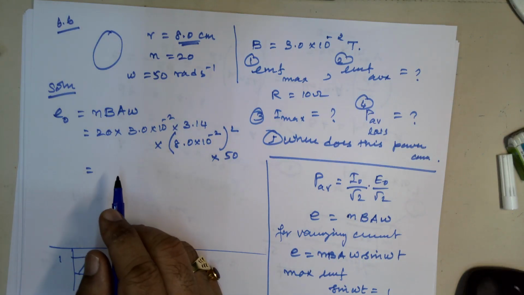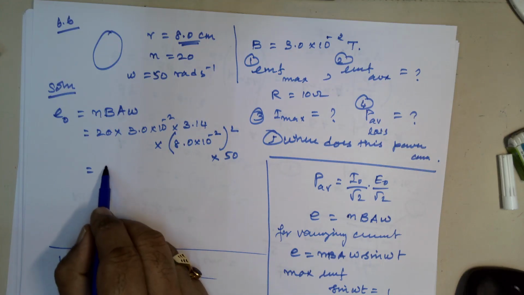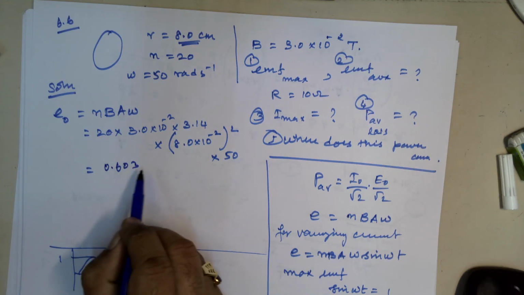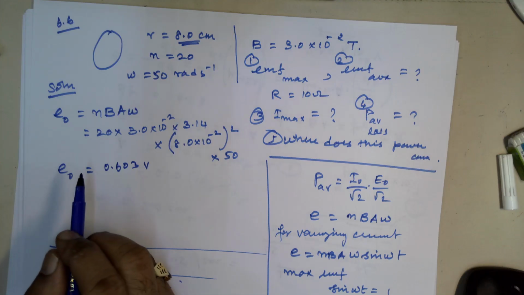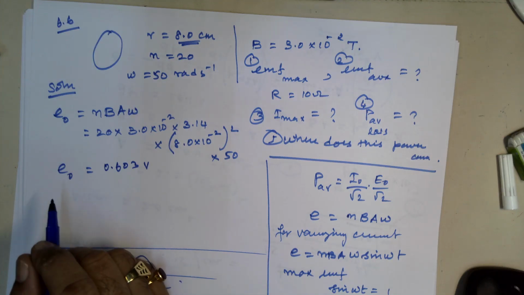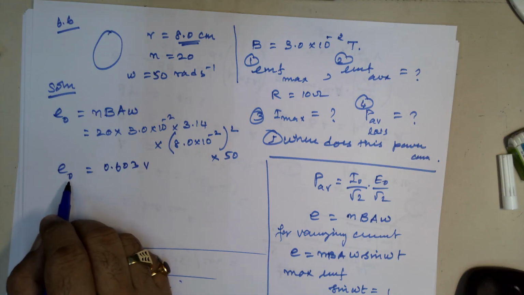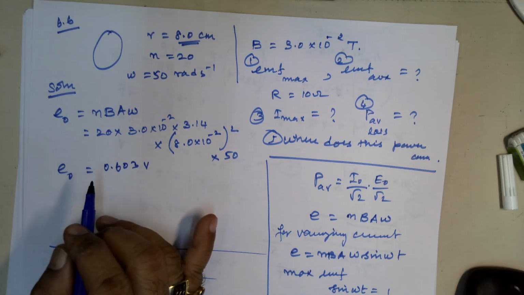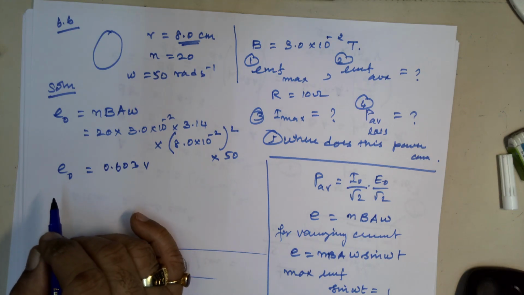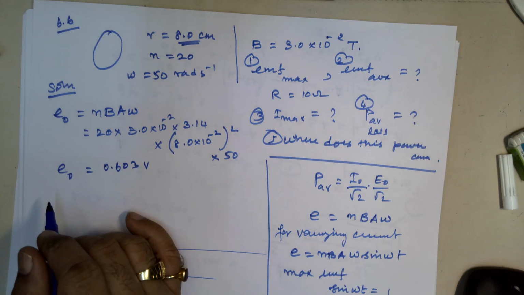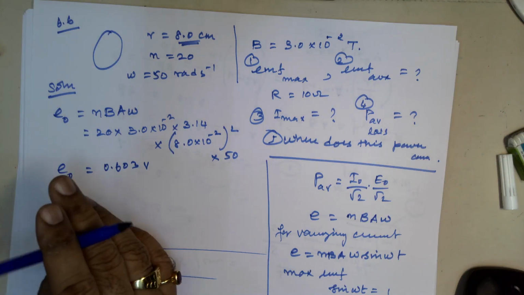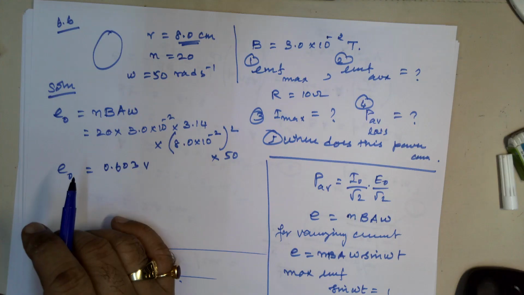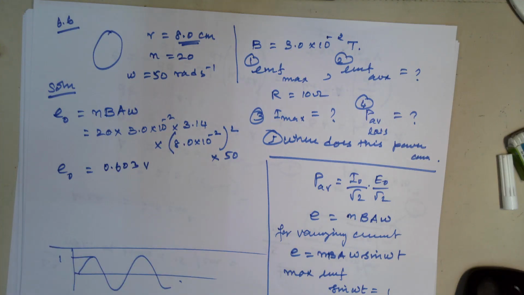So the correct answer is 0.603 volt. This E naught is the peak EMF, the maximum induced EMF. Then the average. The average value over one complete cycle is, on one side 0.603, other side minus 0.603.